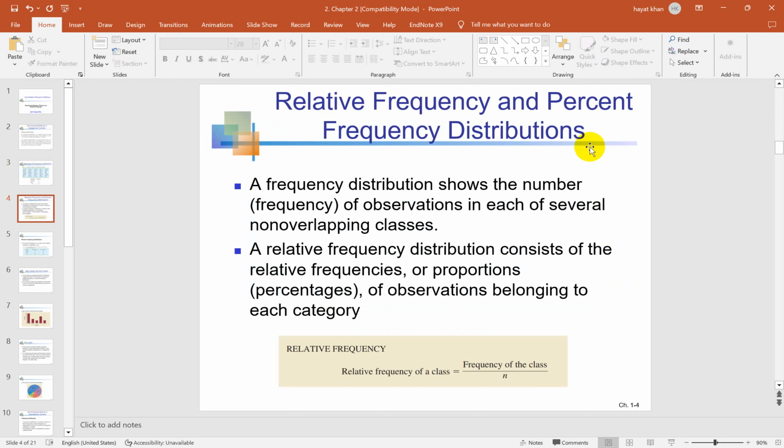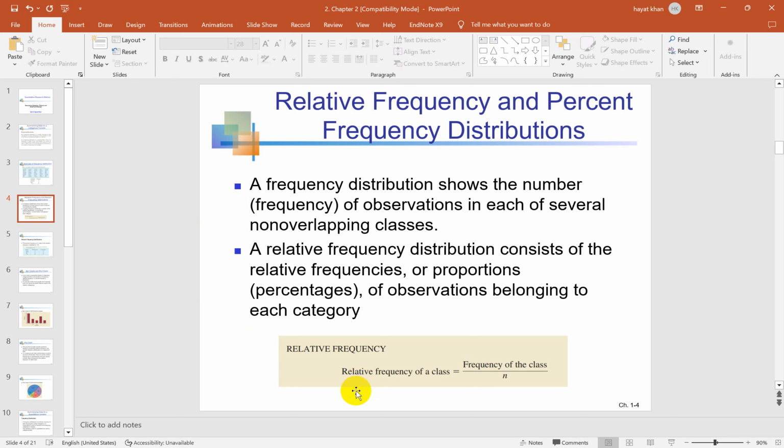Relative frequency and percent frequency distributions. A frequency distribution shows the number of observations in each of several non-overlapping classes. A relative frequency distribution consists of the relative frequencies, or proportions or percentages, of observations belonging to each category.